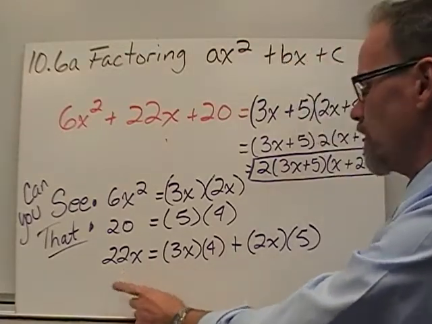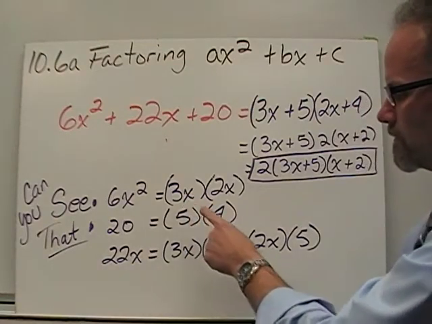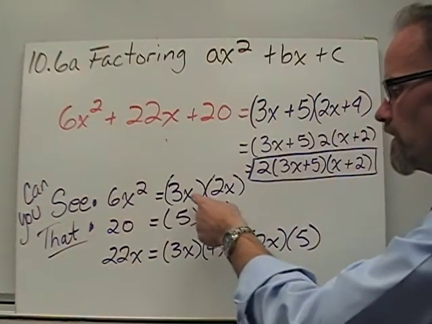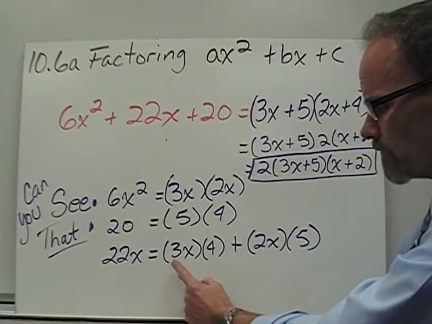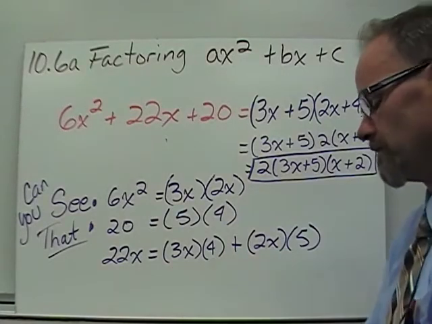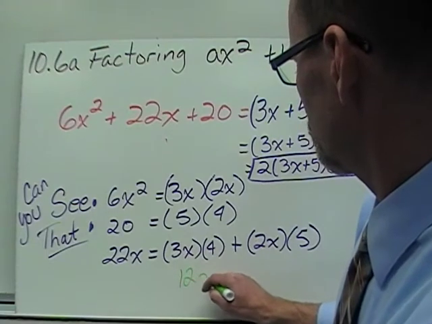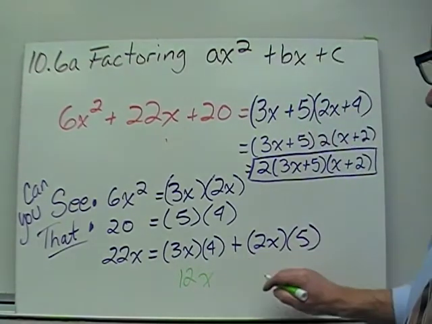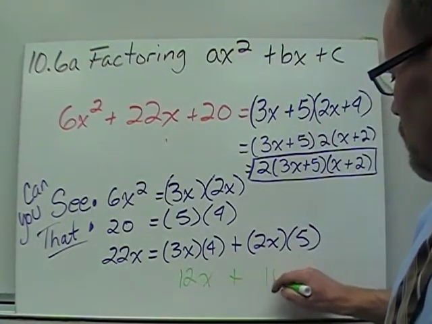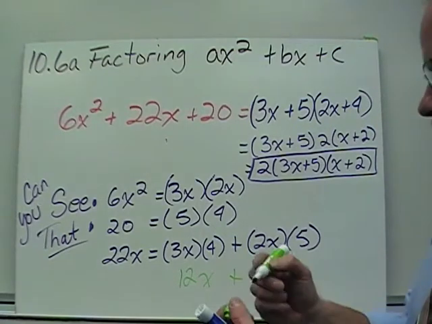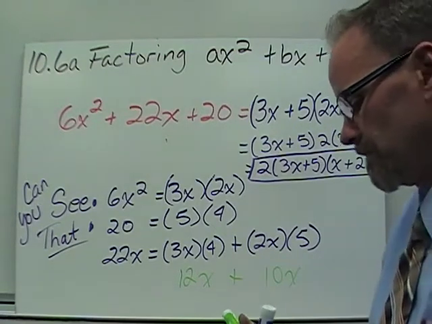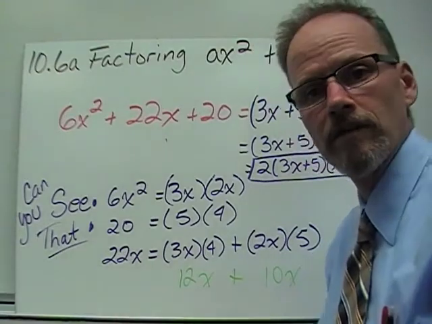What do I mean by that? Well, if I did 3x times 4, that's 12x, plus 2x times 5, 10x, you would see that I get 22x right there.